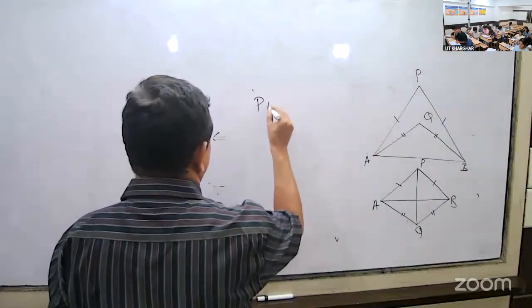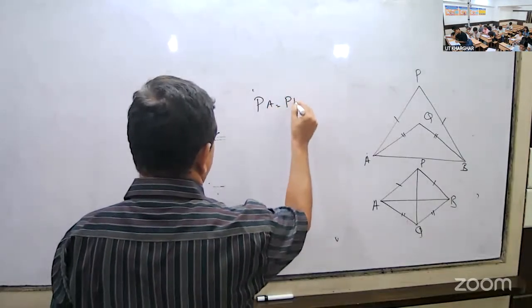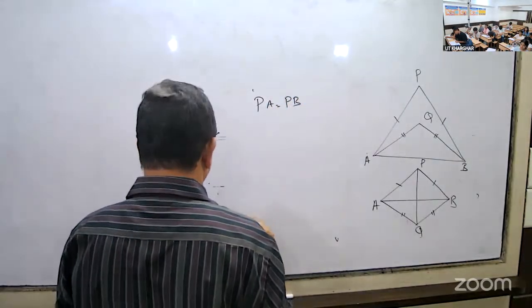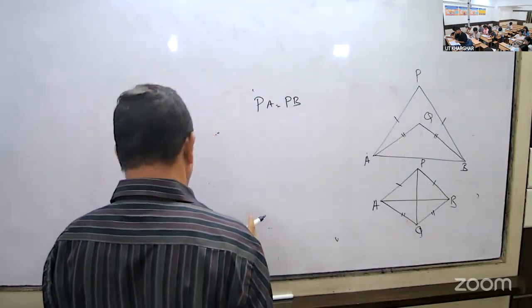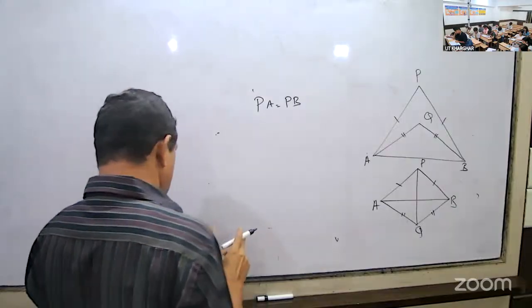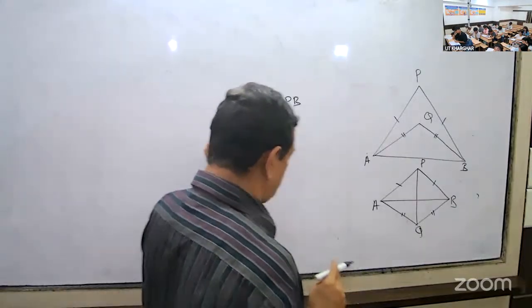Therefore, P lies on the perpendicular bisector of AB.